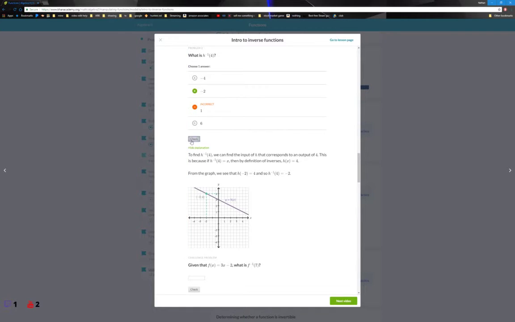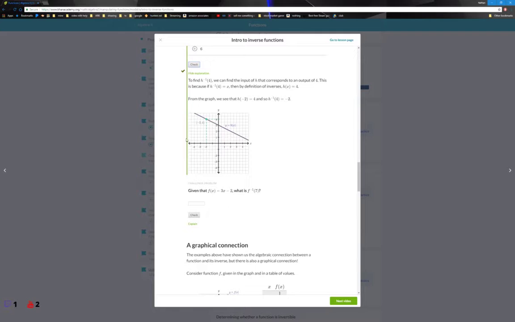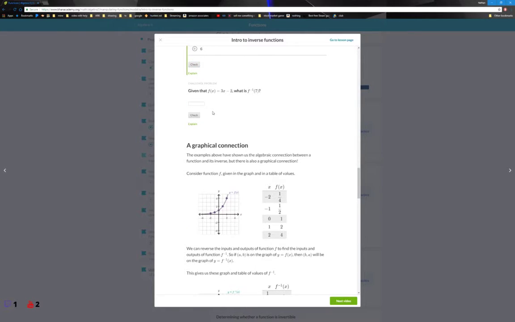So our answer would be negative 2, and we got it right. Given that f of x equals 3x minus 2, what is f inverse of 7? Well, we have to find what number would make this equal 7.